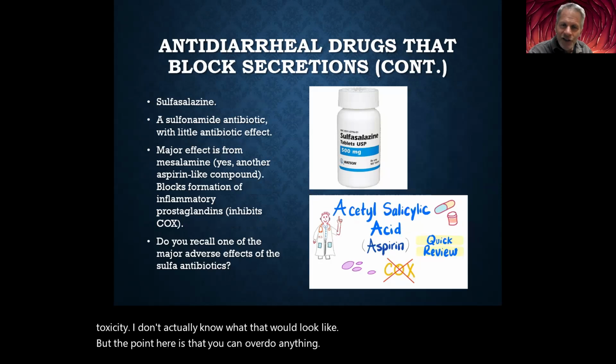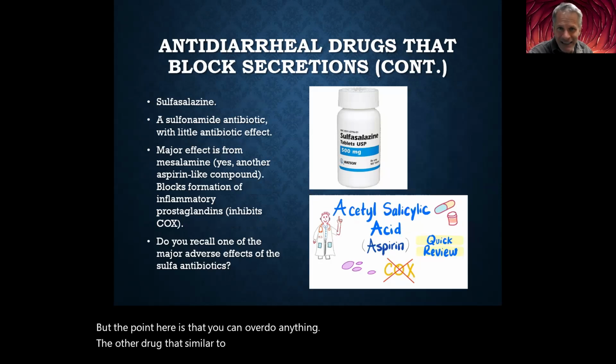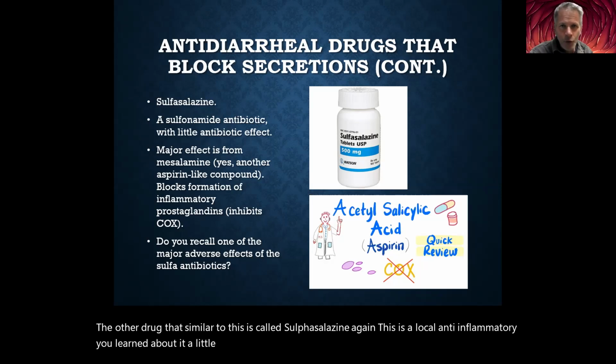The other drug that's similar to this is called sulfasalazine. Again, this is a local anti-inflammatory. You learned about it a little bit when we talked about antimicrobials. This is a sulfa antibiotic, although it's not really much of an antibiotic.